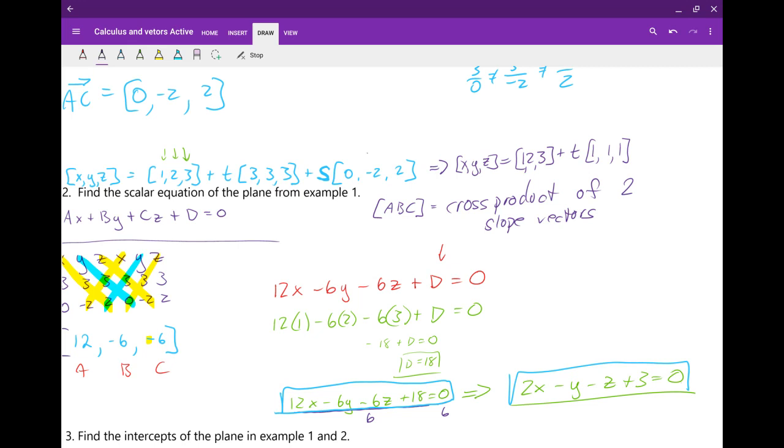And let's see here. The s, right, is equal to the 0, negative 1, and 1 vector. Okay. There you have it. There is the actual plane.